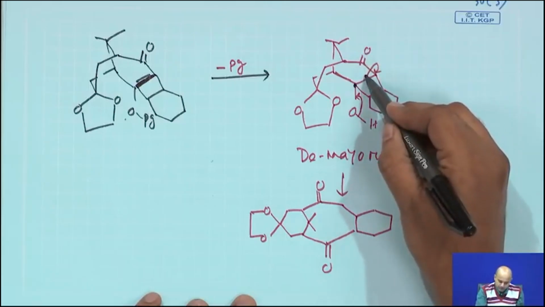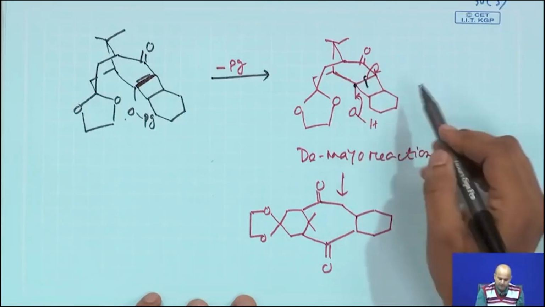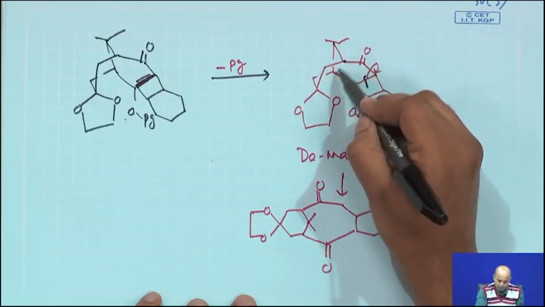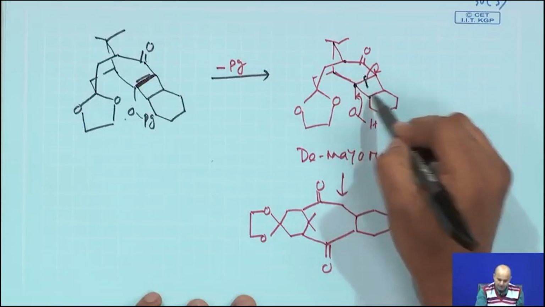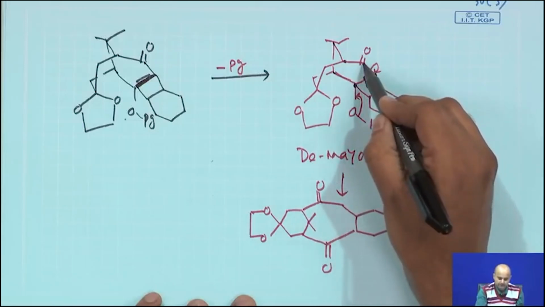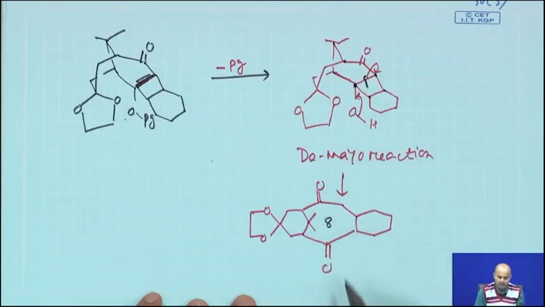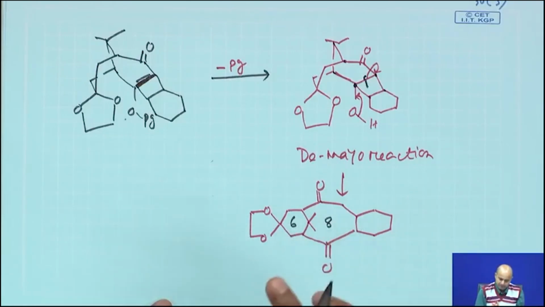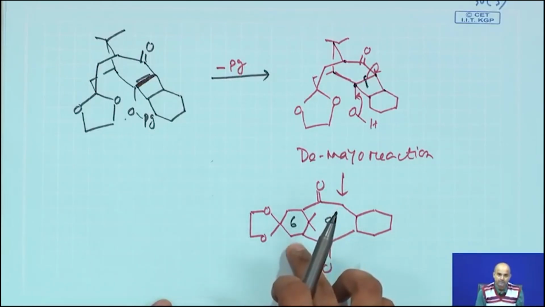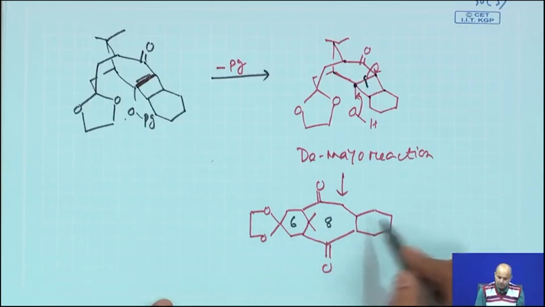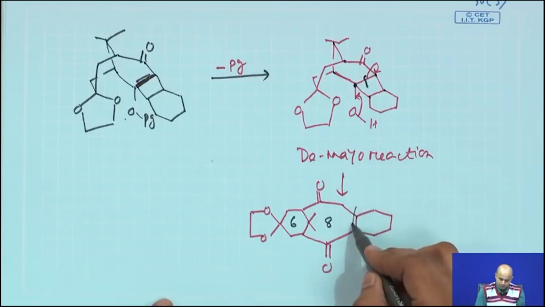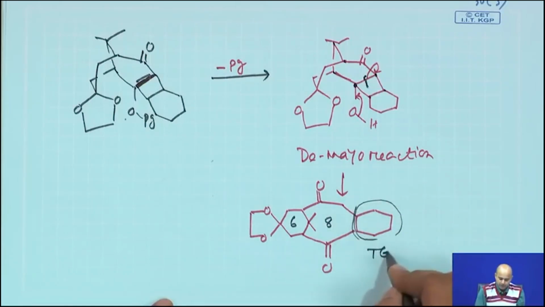So, the only thing is you clip this bond, and then now you count. So, 1, 2, 3, 4, 5, 6, 7, 8. So, the central 8 member ring was now made. This 6 remains in the molecule from the very beginning, and then this 6 we are using from the cyclohexene part, this also remains. So, this is your target molecule.